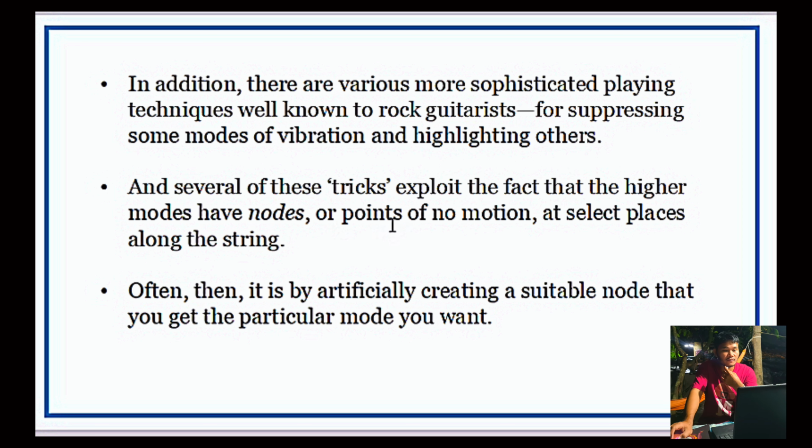Several of these tricks exploit the fact that the higher modes have nodes, or points of no motion, at select places along the string. Often it is by artificially creating a suitable node that you get the particular mode you want.